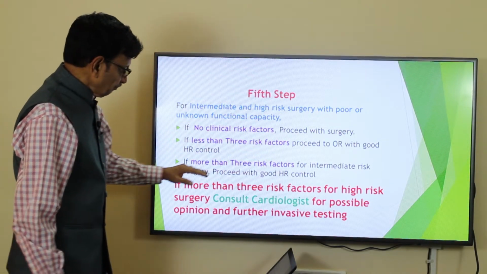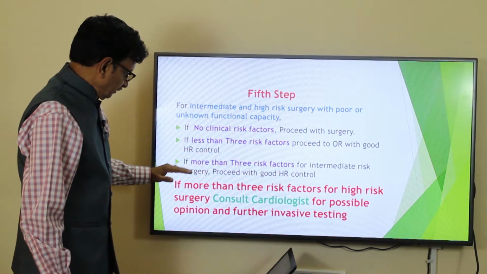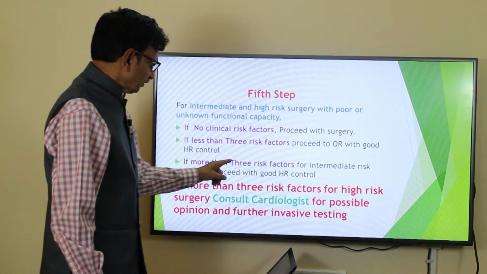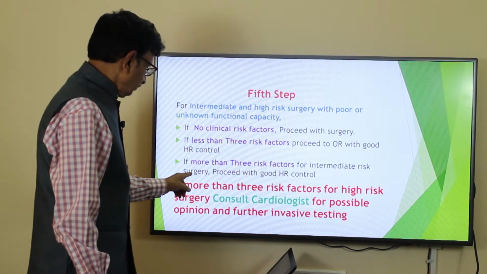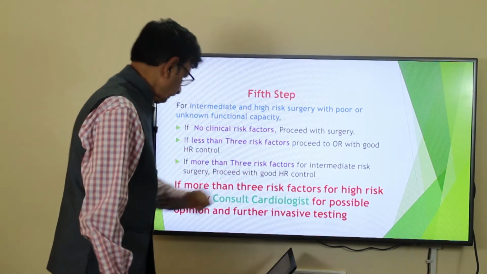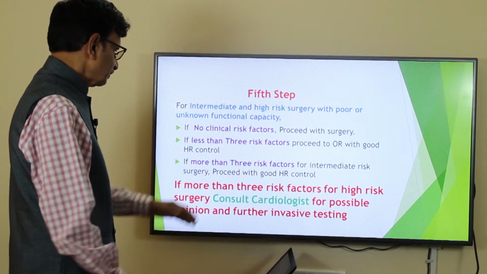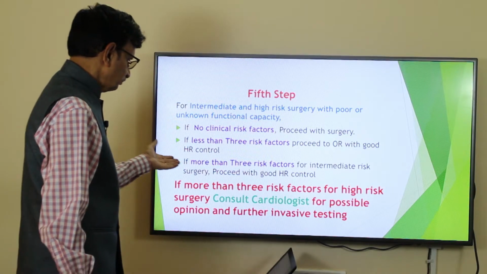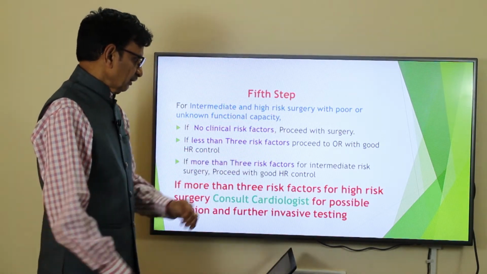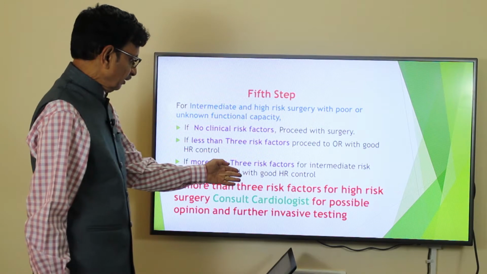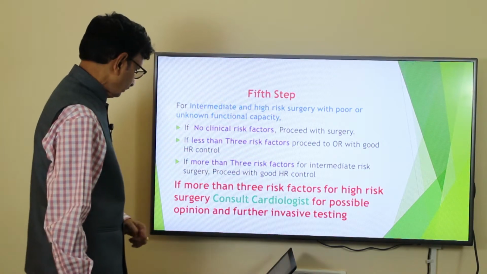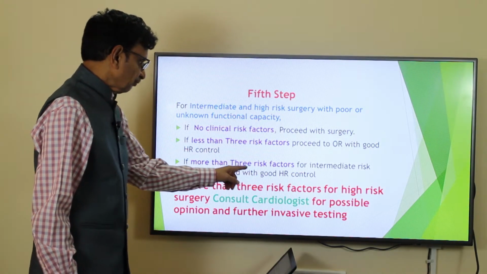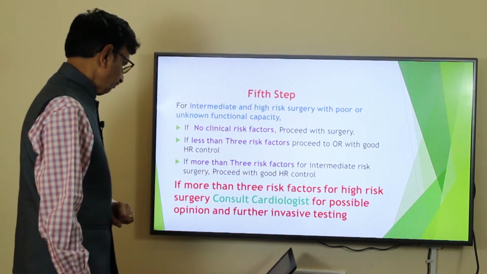But when it comes to intermediate risk surgery and the risk factors are more than 3, then you can proceed with good heart rate control only. That means make sure that the patient's heart rate is well controlled. If he has to be given any beta blockers, you give beta blockers and make sure his heart rate is well under control before proceeding to surgery with more than 3 risk factors for intermediate risk surgery.